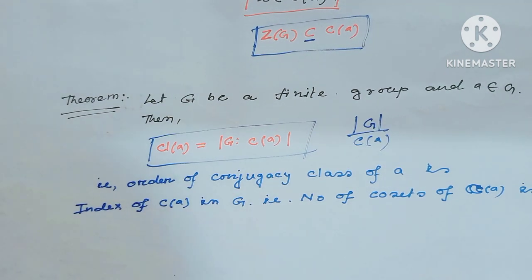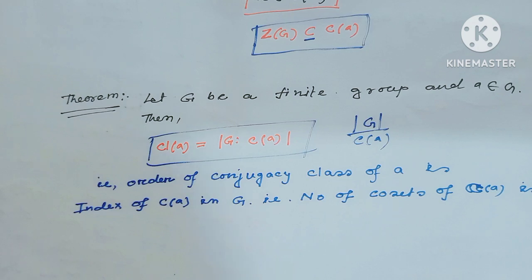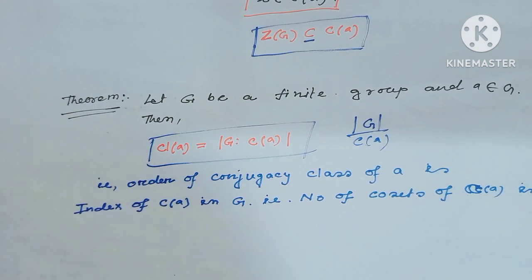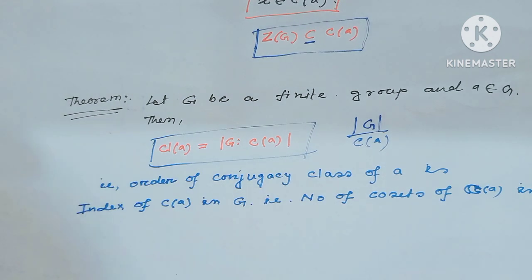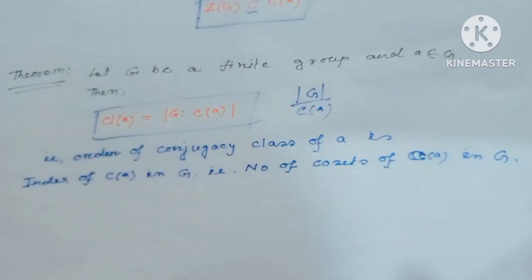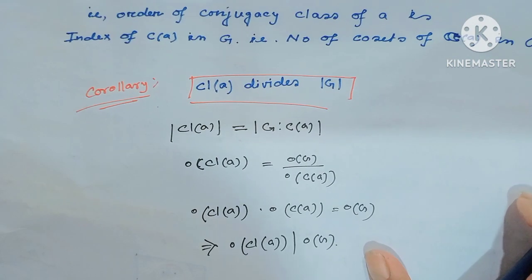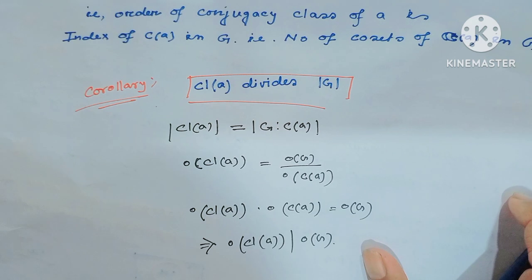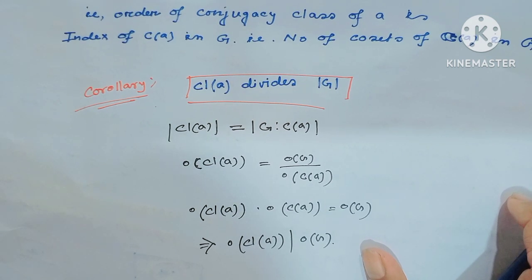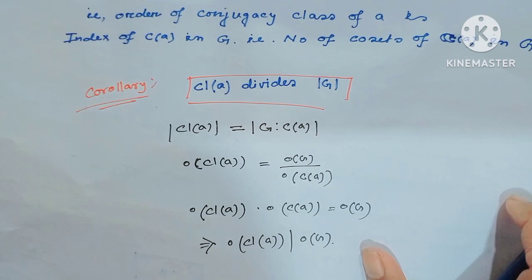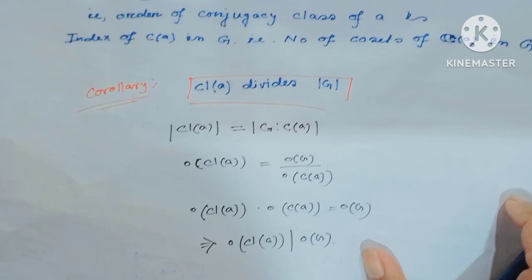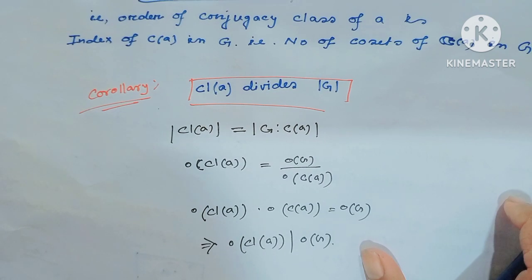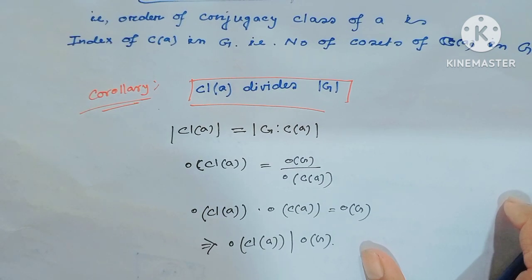So the order of the conjugacy class of a is actually the index of C(a) in G. That means the number of cosets of C(a) in G is actually the size of the class. By this idea, the size of the class of a always divides the order of the group G, because the class size equals the index of C(a) in G. That means the order of the class of a equals the order of G divided by the order of C(a).